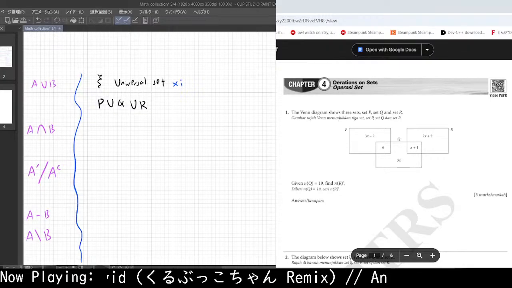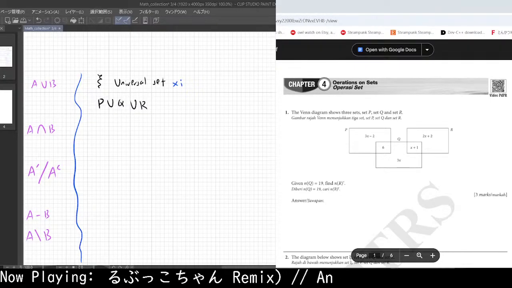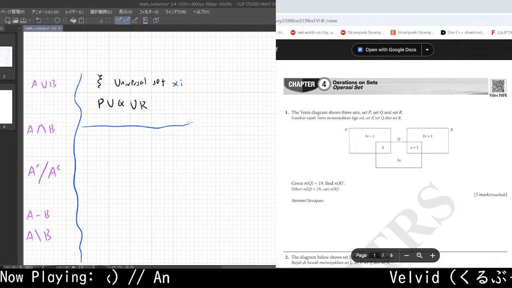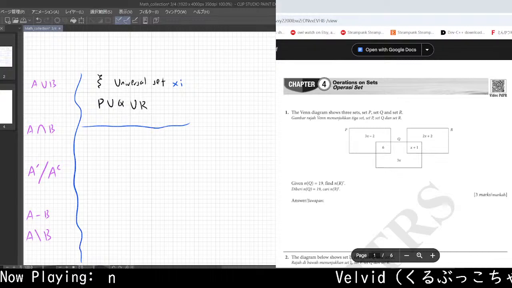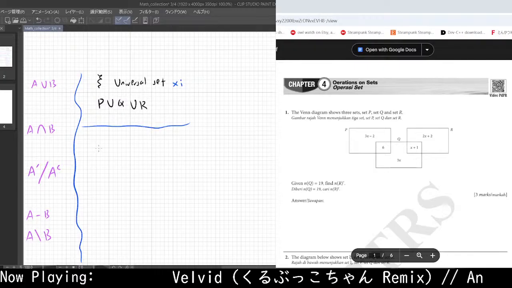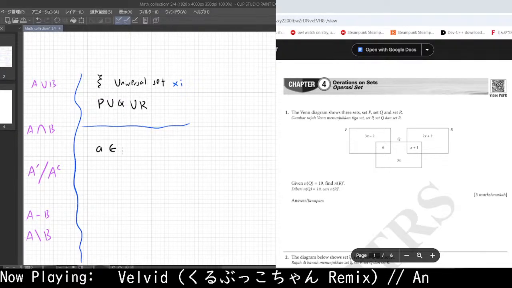And other than this, if something is inside a set, we say that a certain element is inside the set.